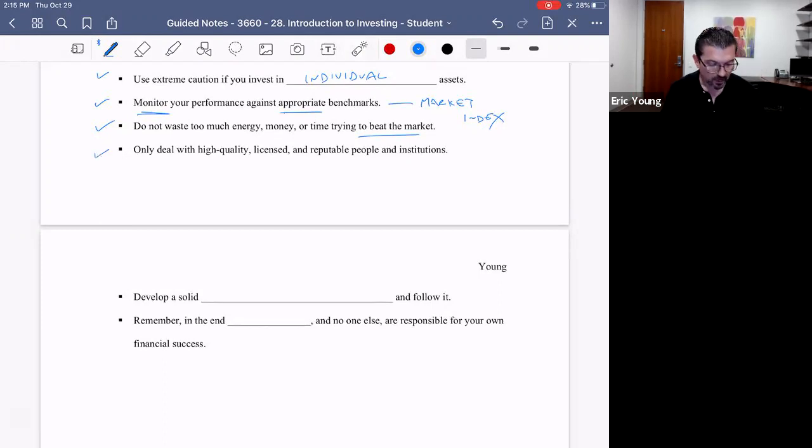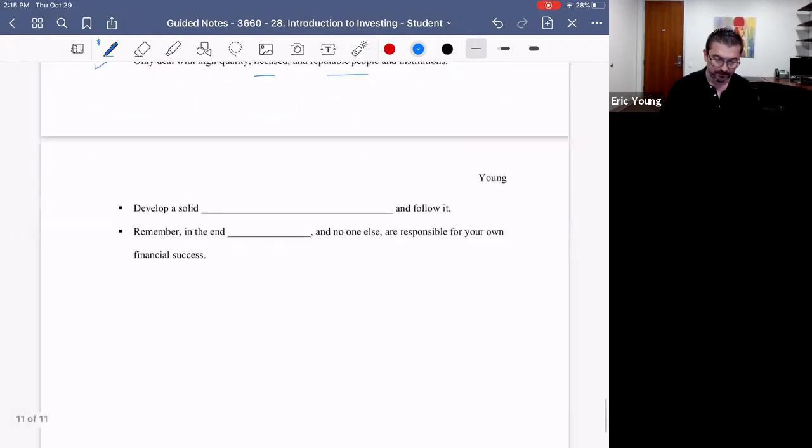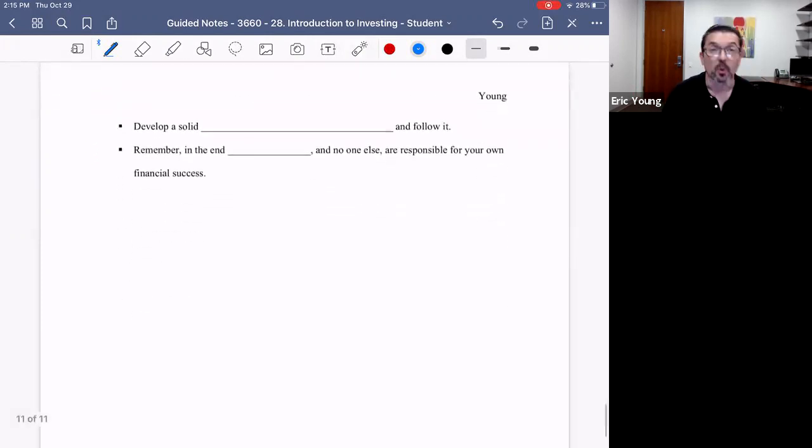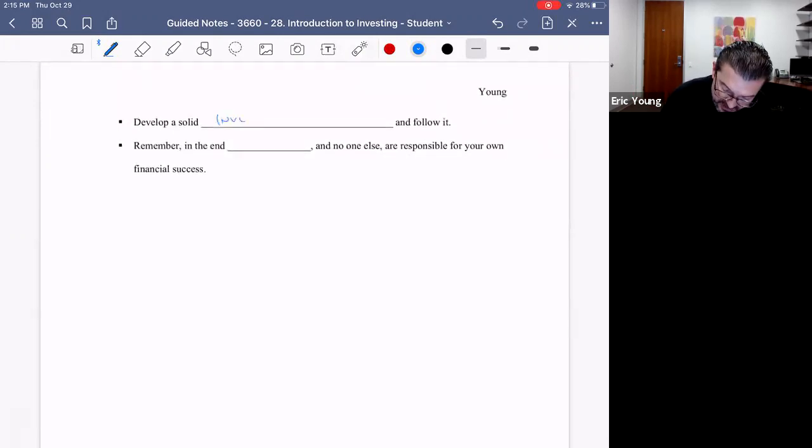Only deal with high quality, licensed, and reputable people. Develop, write out a solid investment plan using the steps that we covered earlier and follow it. And finally, in the end, the key to being an adult, remember that in the end, you and no one else has ultimate responsibility and accountability for your financial success.